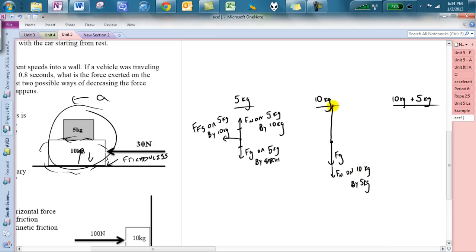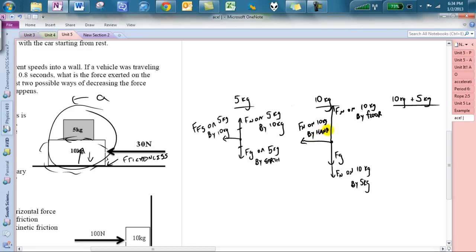You have an Fn on the 10 kilogram box by the floor going up. And of course we have a 30 Newton force going this way, an F on the 10 kilogram box by the hand.